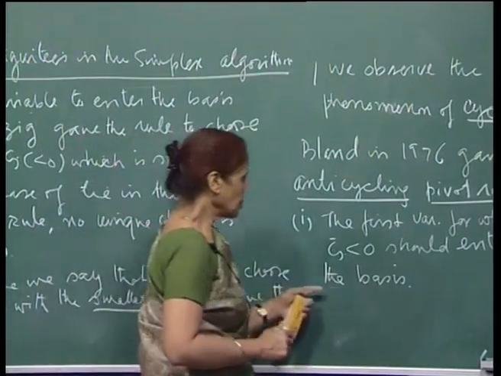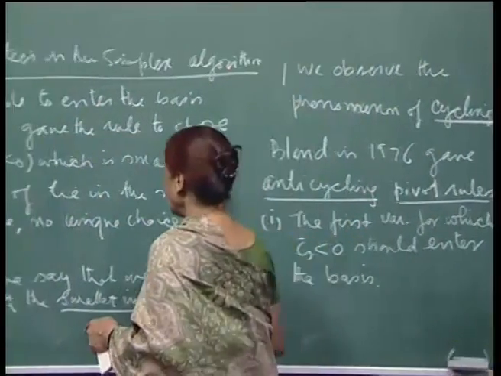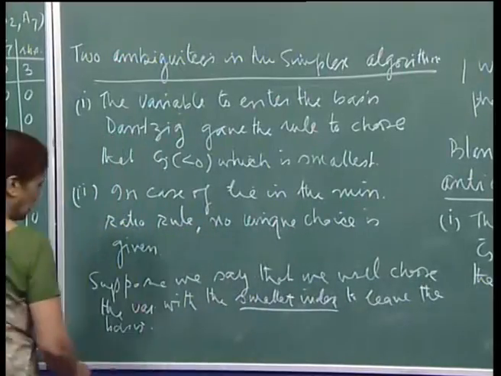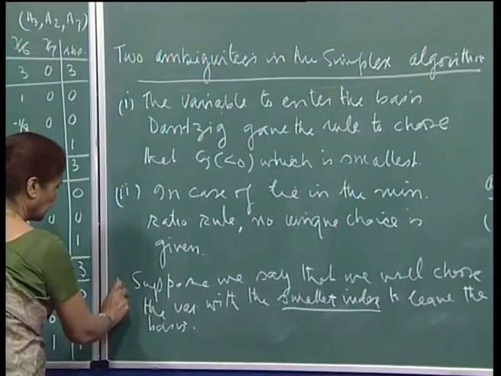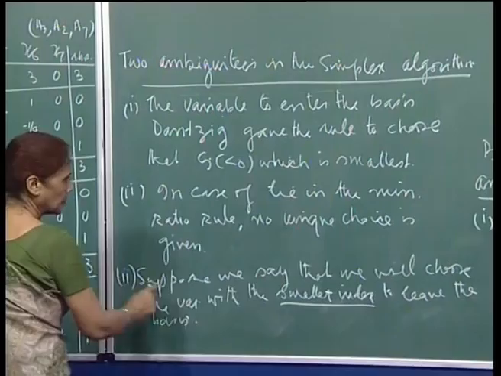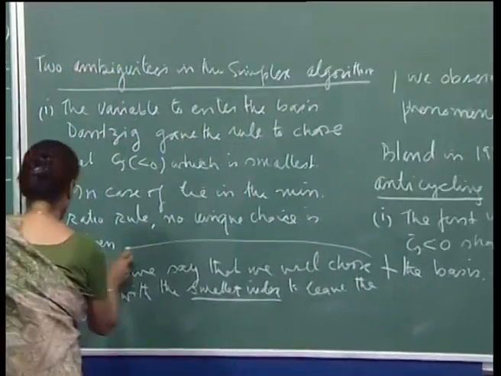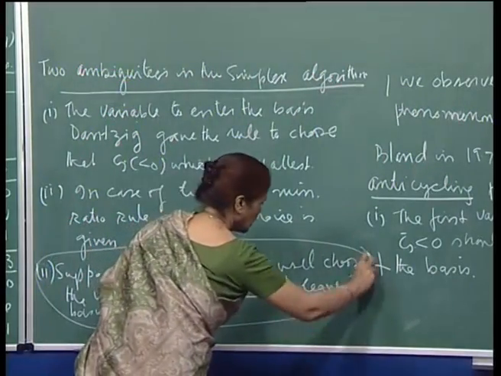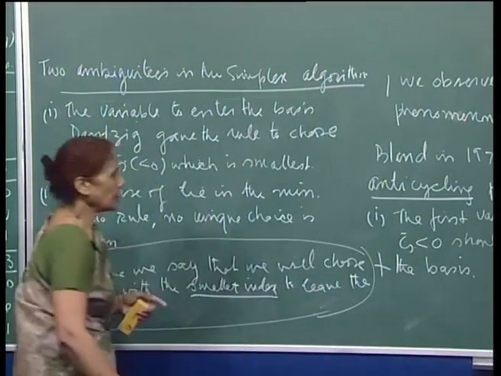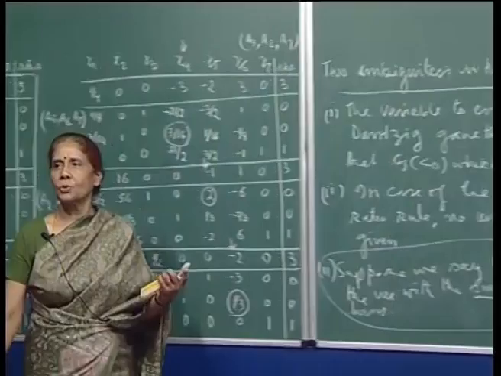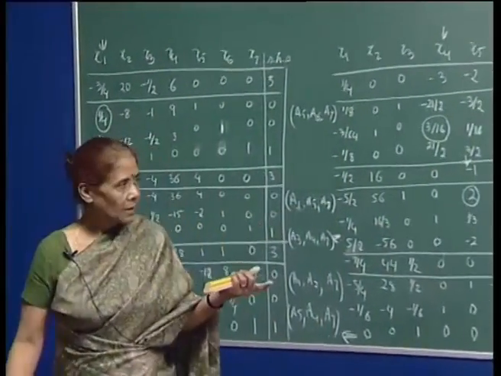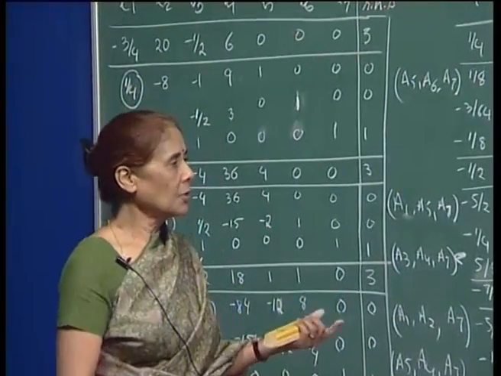Okay. So that should enter the basis, and the second rule is this. So this plus this, these two together, Bland gave these two anti-cycling pivot rules, and he could prove it.